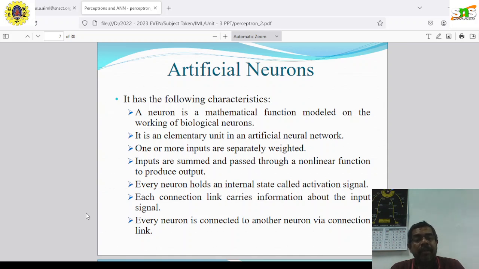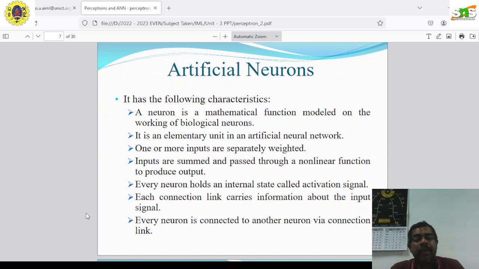Every neuron holds an internal state called the activation signal. This activation signal triggers the axon. Each connection link carries information, the input signal.